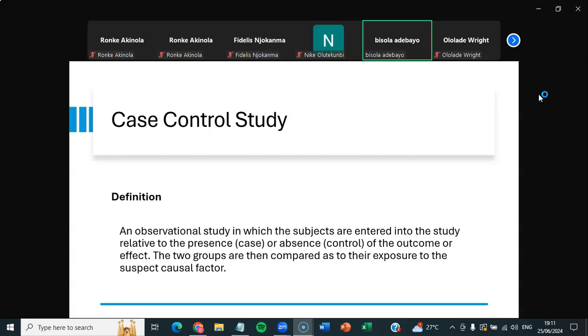By definition, it's an observational study in which subjects are entered into the study relative to the presence, that's a case, or absence of the outcome or the effect. The two groups are then compared as to their exposure to the suspect causal factor.